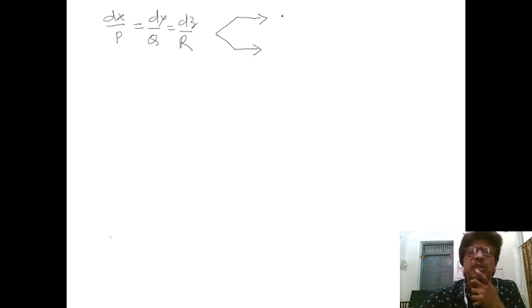Now after forming the auxiliary equations dx upon P, dy upon Q, dz upon R, there are two different methods or procedures by virtue of which we solve these simultaneous auxiliary equations.